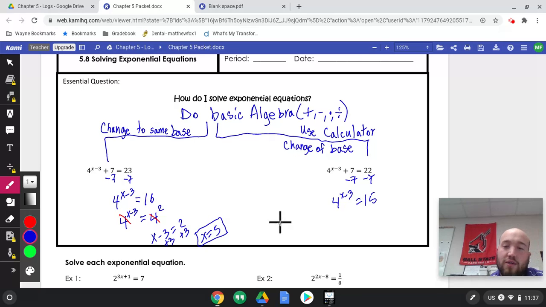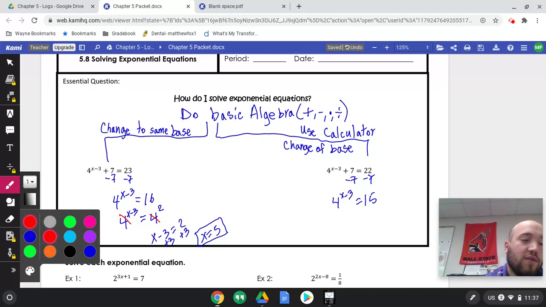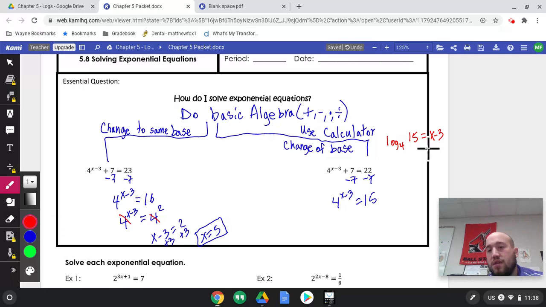So if I would rewrite this in log form, I'll put this over to the side. Base stays base, so it'd be log of base 4 of 15. All that will equal that x minus 3. And then our answer was just the log of 15 divided by log of the base, which in our case is log of 4.